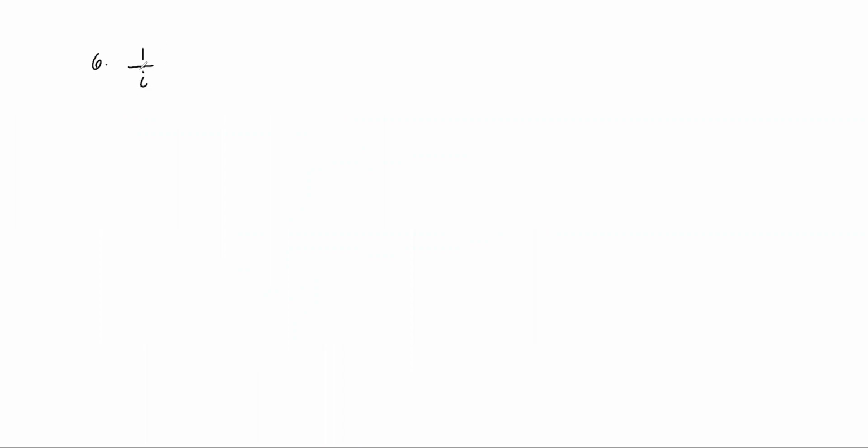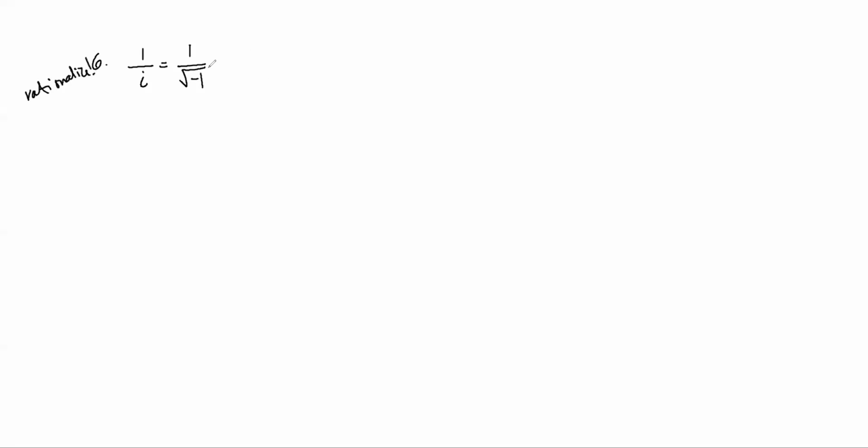Now, the reason why we have to simplify this is because if you think about what i represents, i is the square root of negative 1. Now remember back to section 10.5, we do not like having radicals in the denominator. So what we have to do here is rationalize.